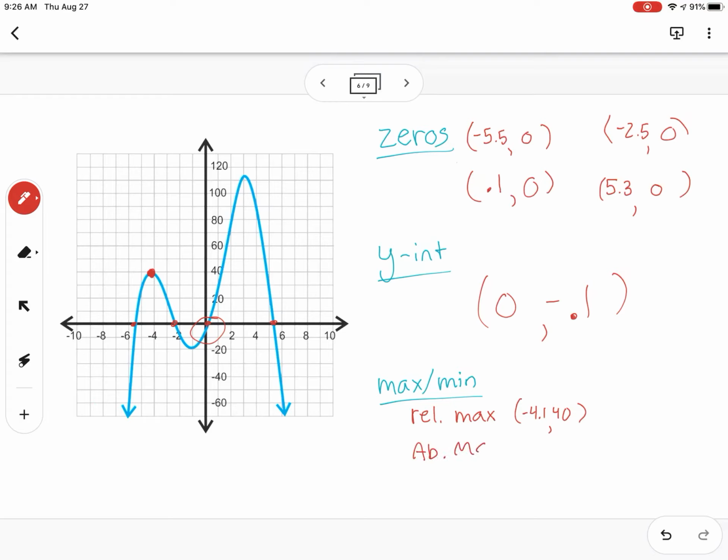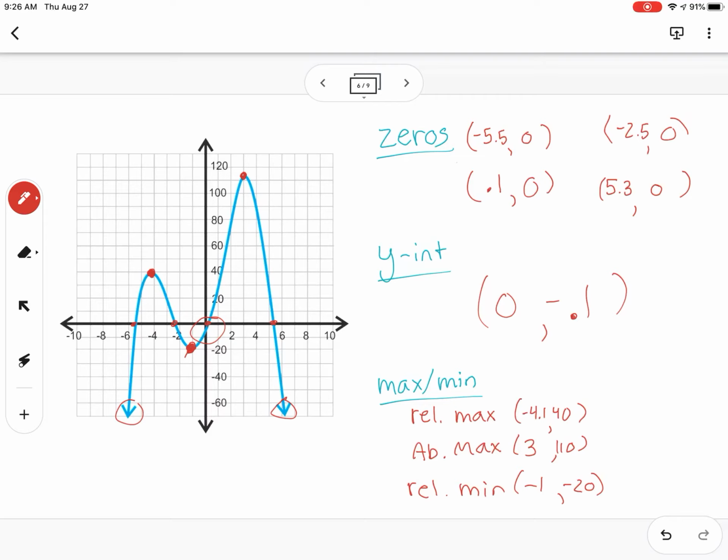Absolute is that top point there. So we got 3 and 110. And then for minimum, we've got the arrows here, but we do have this point. Since the arrows are below it, it can't be the absolute min, it's going to be the relative min. And we'll estimate that's about, what, negative 1, negative 20. There we go.